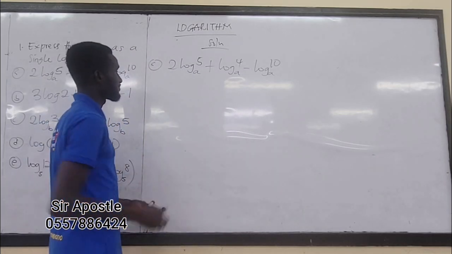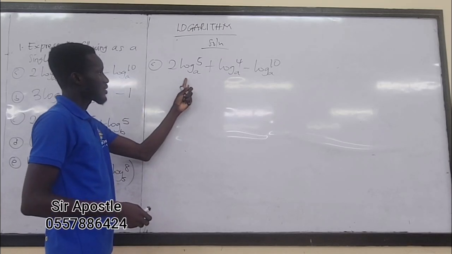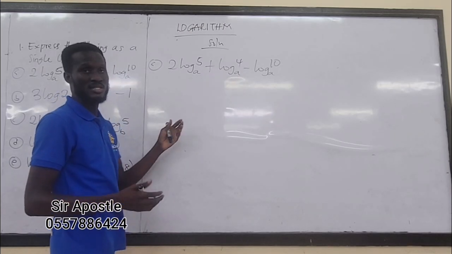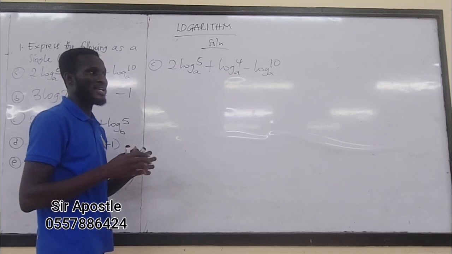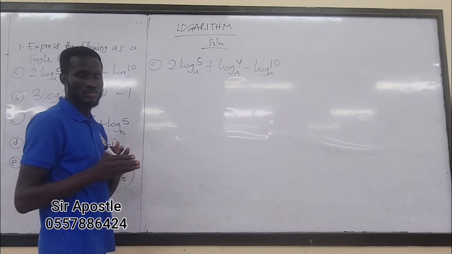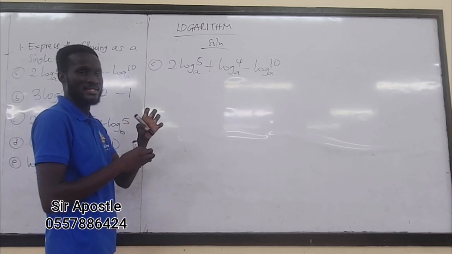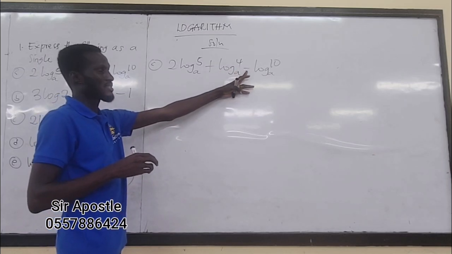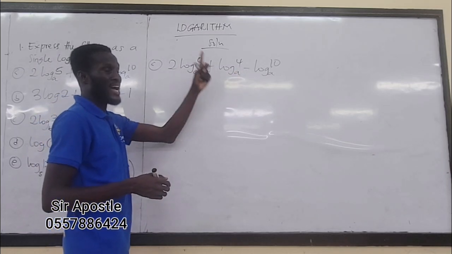Now, looking at this one, this one is addition, this one is subtraction. It means when they are adding, it means multiplication. When they are subtracting, it means division. You understand? But before I apply the addition and subtraction, that is multiplication and division, I have to make sure that the coefficients are all 1.